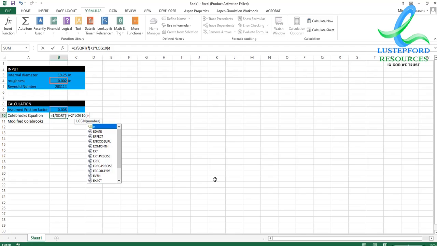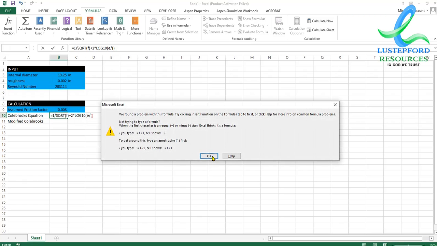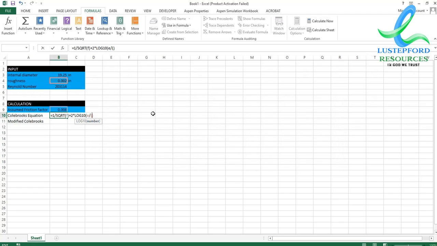So divide by bracket open and close, bracket open and close.